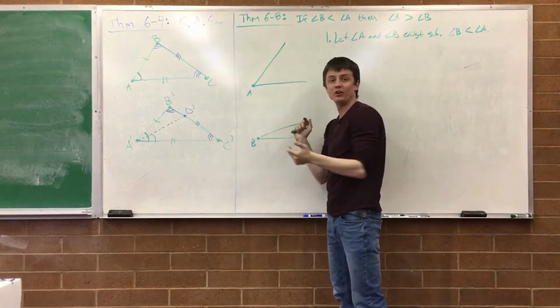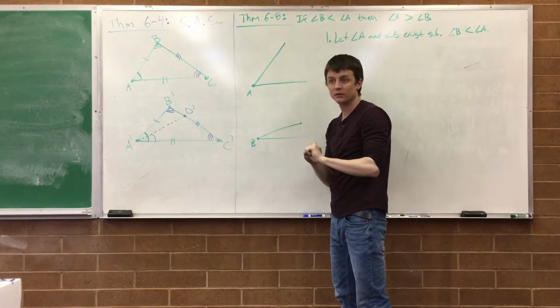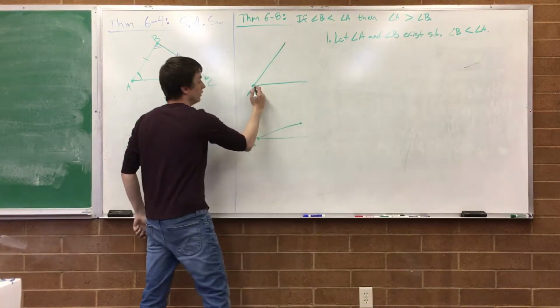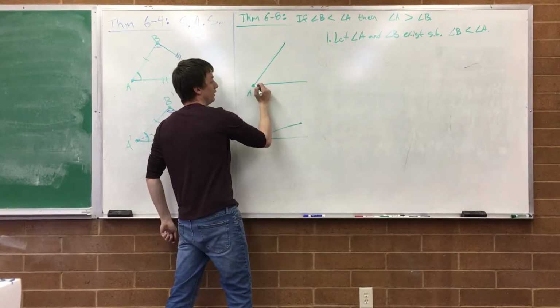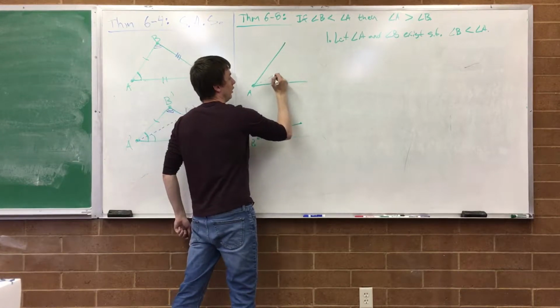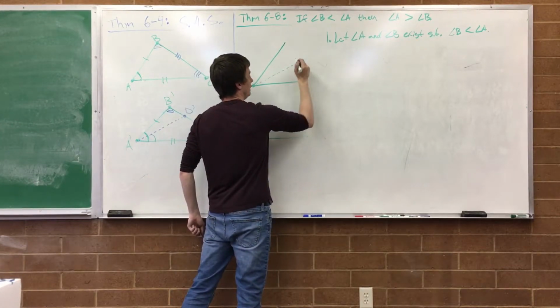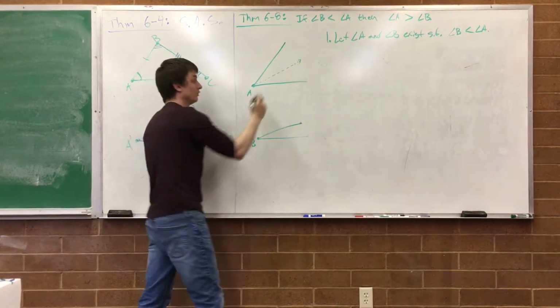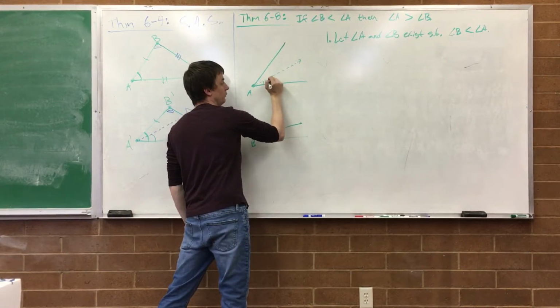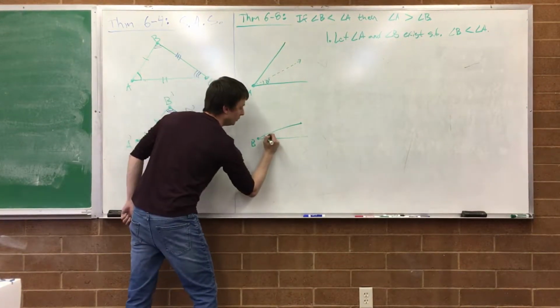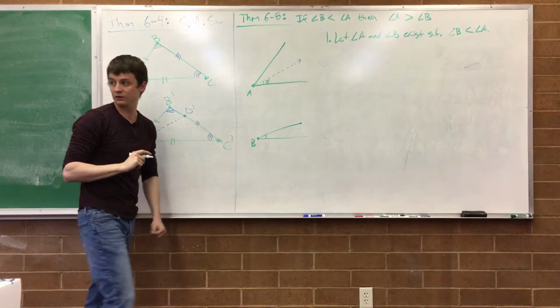Angle B is less than angle A, what does that mean? That means that there's a line on the inside. We can construct a ray interior to angle A such that this angle, we'll call it B prime, is congruent to angle B. Right?